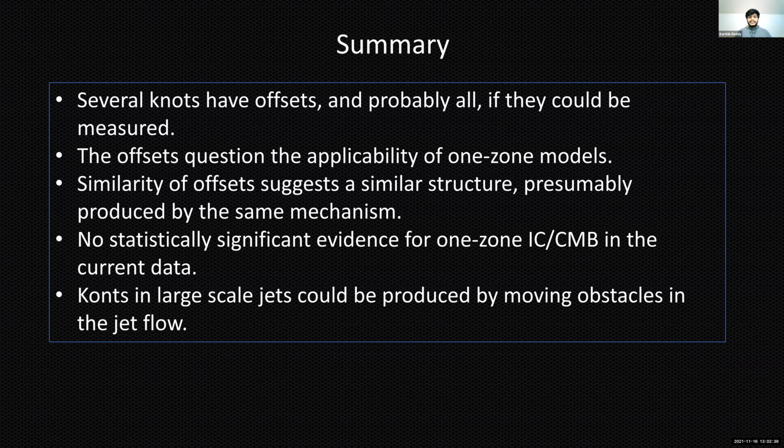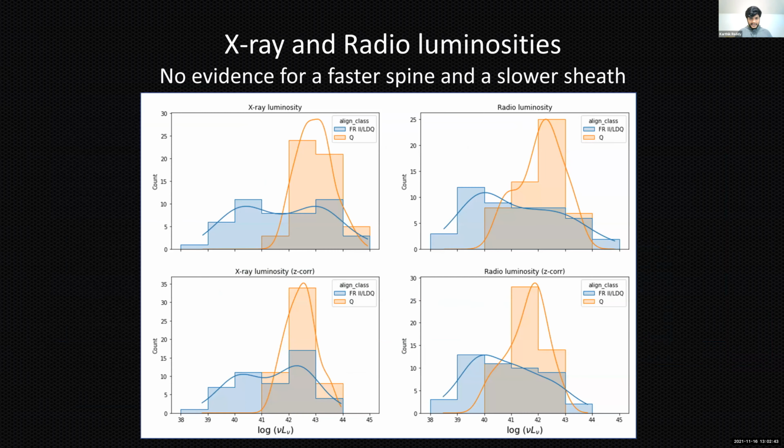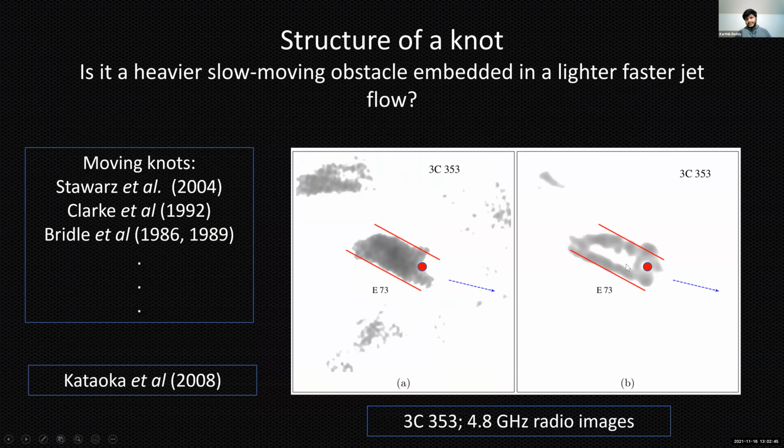Right. I did the same experiment with the other knots as well. In these knots, there is a bridge-like structure in the upstream edge of these knots. So that is also one more interesting point there.